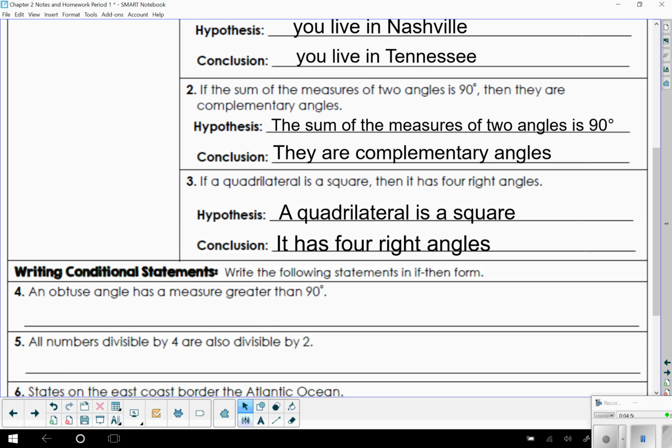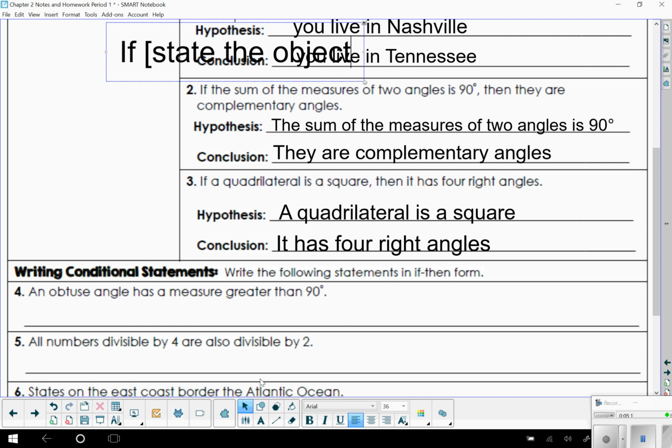So the way this works is you have to state the if. You know what? Hold on a second. I want to do this differently. So what you want to do is you want to do the if first. Then you need to state the object.